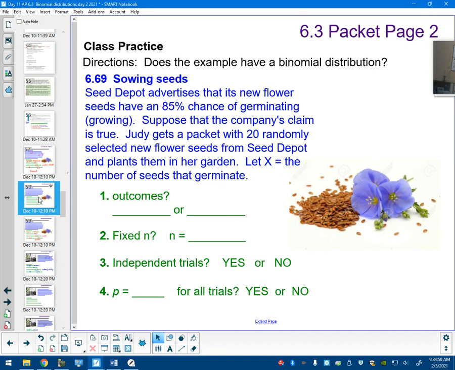The seed depot advertises that its new flower seeds have an 85% chance of germinating, which means you stick a seed in the ground and you get a little green sprout. Woohoo! Then it's up to you to water and get enough sun and all that kind of stuff. Suppose that the company's claim is true. Judy gets a packet with 20 randomly selected new flower seeds from the seed depot. Why is it important that the seeds are randomly selected?